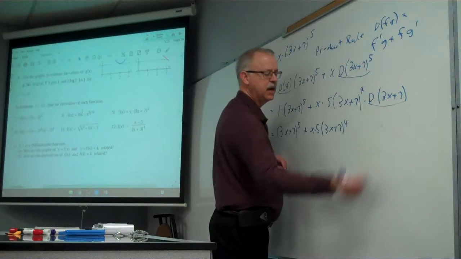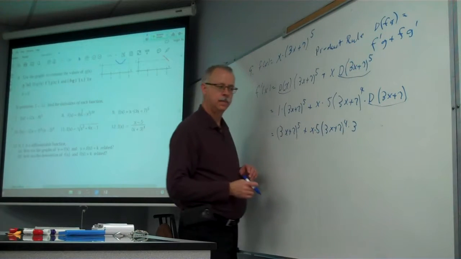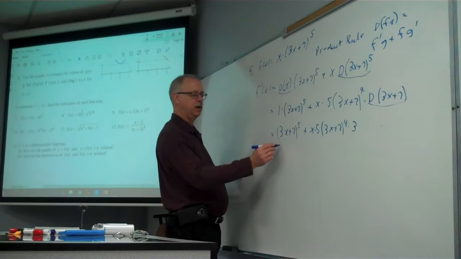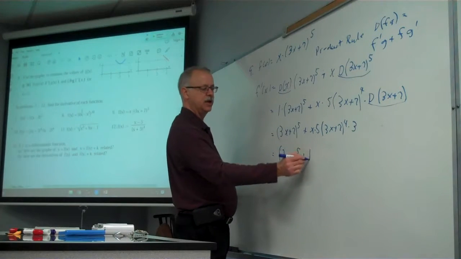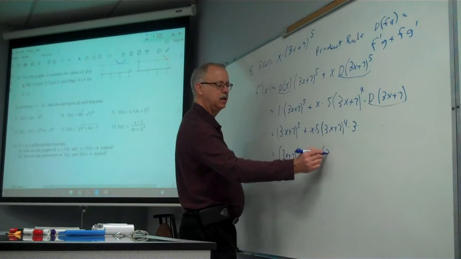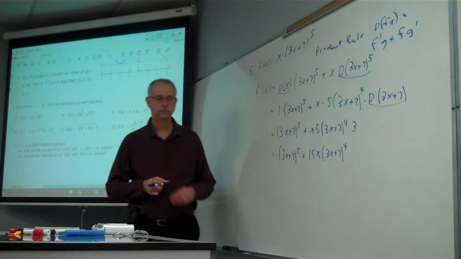And the derivative of what's inside, a linear, is just the slope. And so we get (3x plus 7) to the fifth plus then 15x times (3x plus 7) to the fourth.